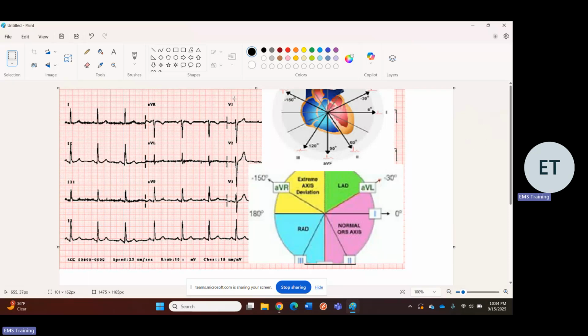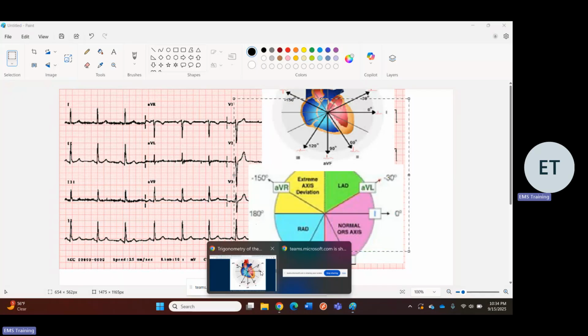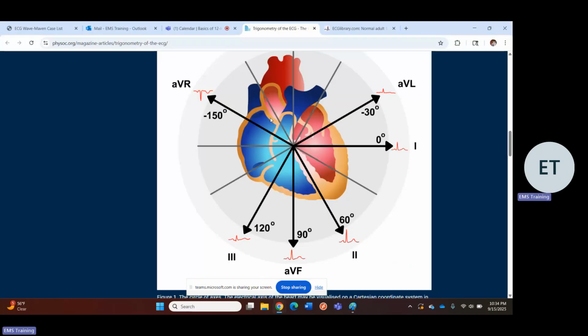The right side of the heart, which I have covered up, V1 through V2, this is the left ventricle version of the axis. This is called the R wave progression side. So imagine that V1 through V6 are all positive leads, okay?